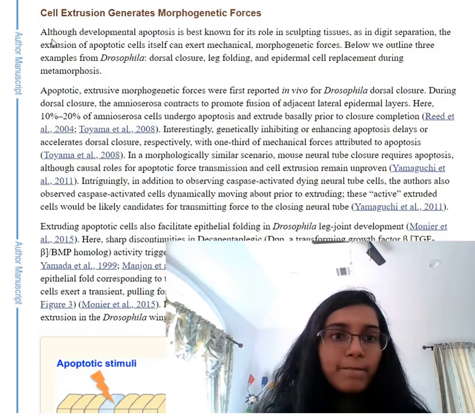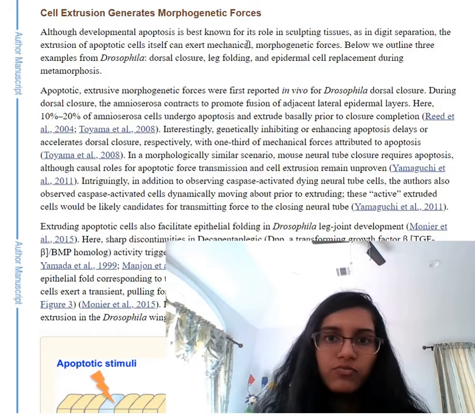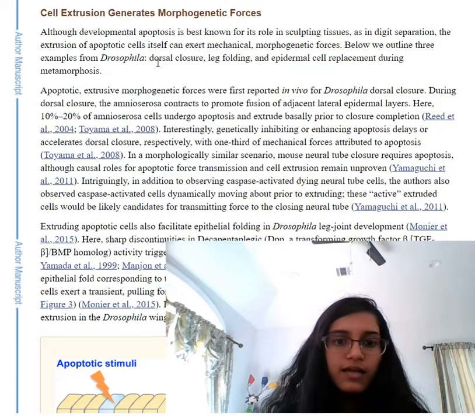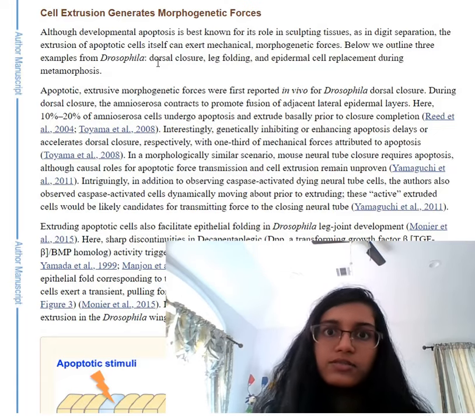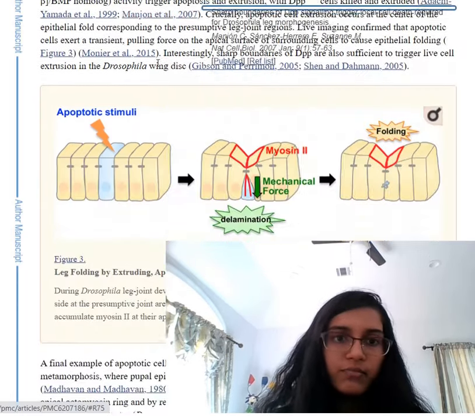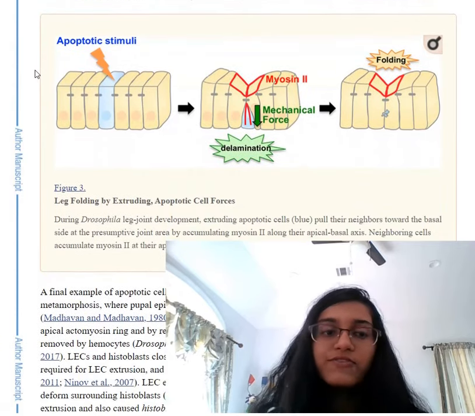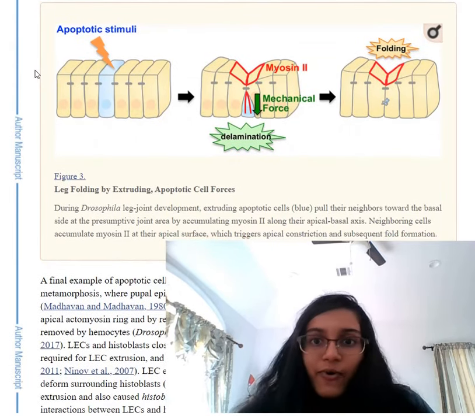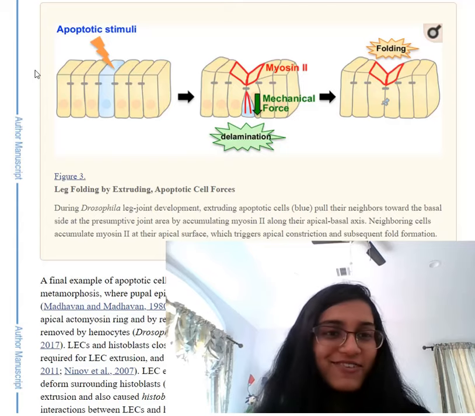We basically get from this that apoptotic cell extrusion can exert mechanical morphogenetic forces. Now that we know that this occurs, let's go to the diagram, because there is also one included for this section. So we can make this section a lot easier for ourselves.